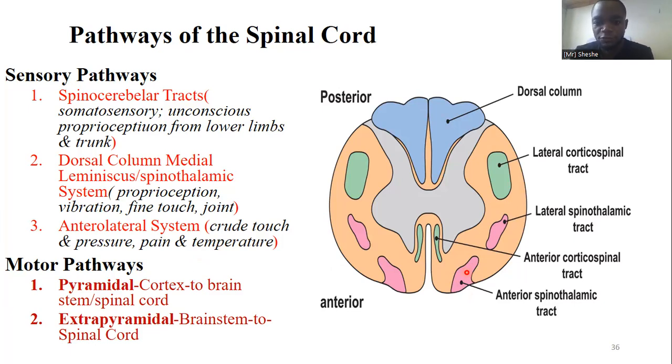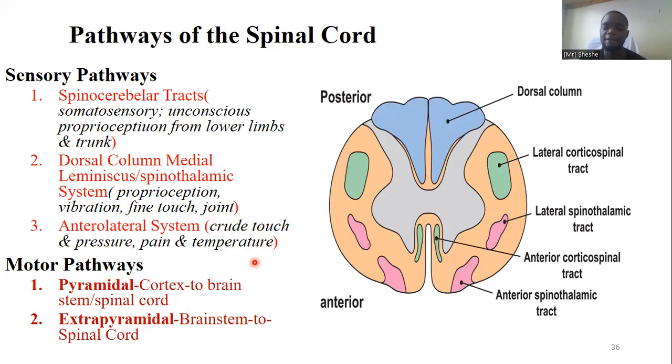So you feel that high temperature no longer as temperature, but now as pain. So this one, strictly the anterior-most part, would transmit deep pressure and deep touch, or what you can say crude touch. Then this lateral end will be for pain and temperature.